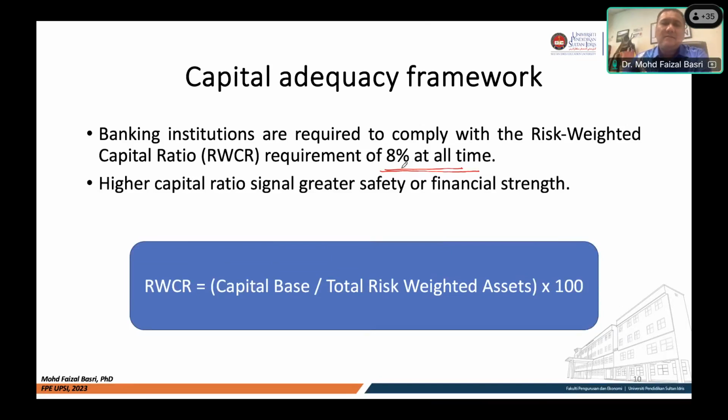So if you check the banks you selected for your assignment, I think most of the banks have higher than 8%. Most of them will be higher than 8%. So 8% is just the minimum requirement for them to comply with the RWCR. So that's number one.